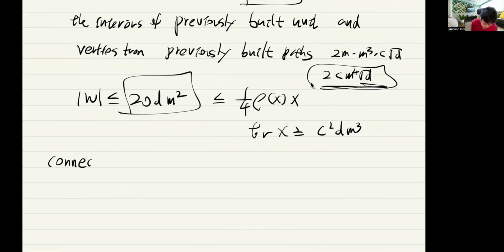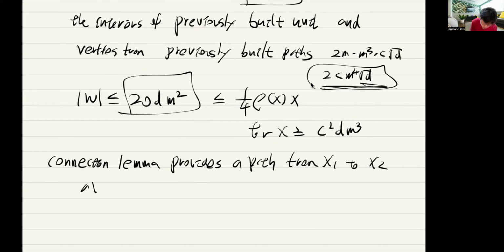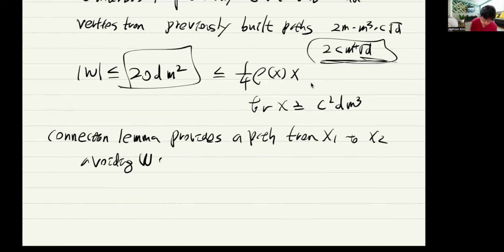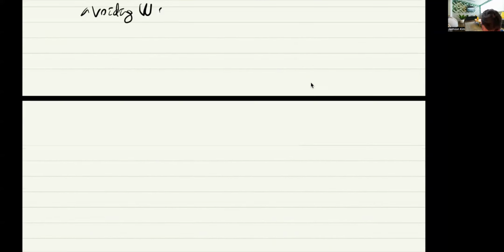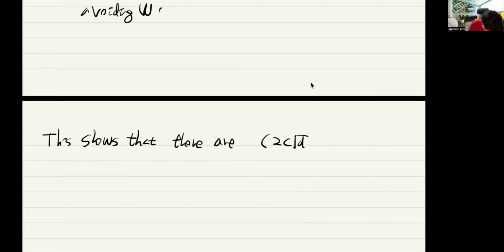So you can use the connection lemma, which provides a path from x1 to x2, avoiding W. Okay, so this shows that we can find c square root of d comma m squared, 2c square root of d, 2m units.